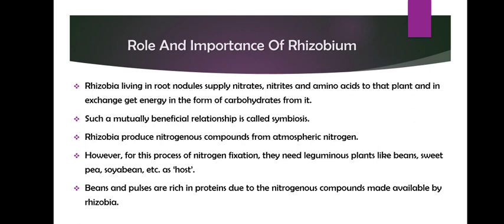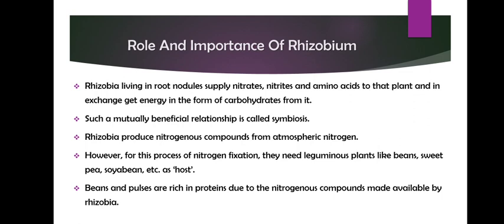Rhizobia produce nitrogenous compounds from atmospheric nitrogen. However, for this process of nitrogen fixation, they need leguminous plants like beans, sweet pea, soya bean, etc. as host. Okay. Beans and pulses are rich in proteins due to the nitrogenous compounds made available by rhizobia.